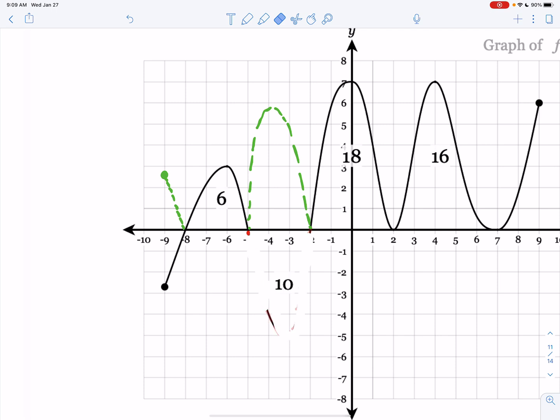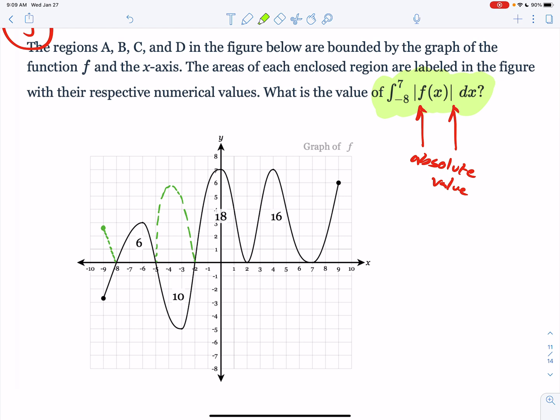So if I were to trace the absolute value of x, just to show you what it looks like, the absolute value of x would look like this, where there's really nothing below the x-axis. That highlight in green is really the absolute value of x. Here we go.